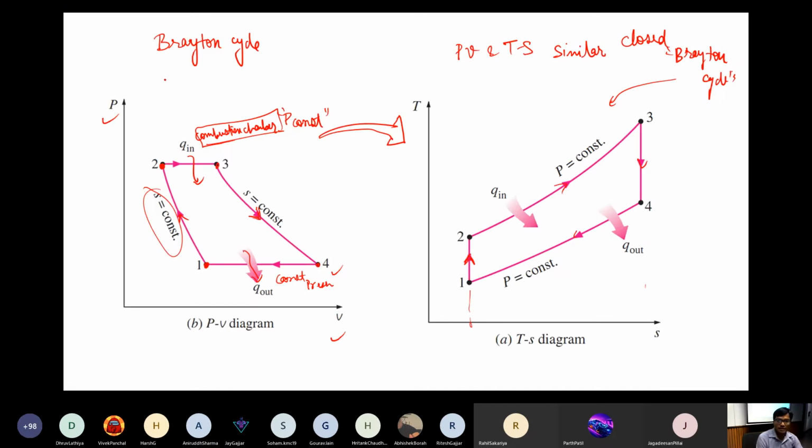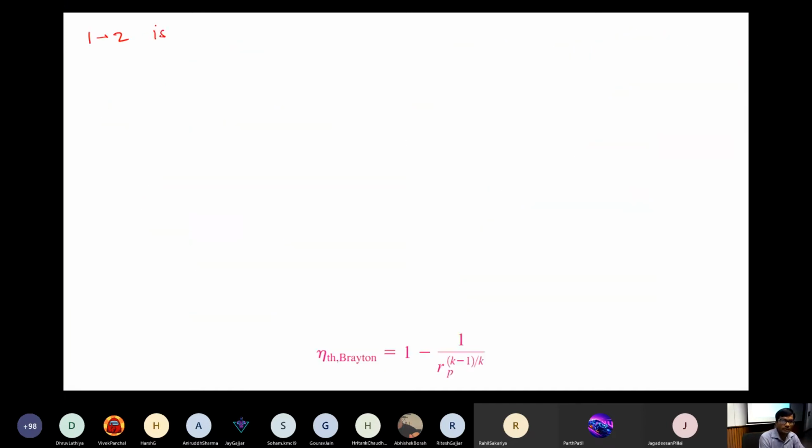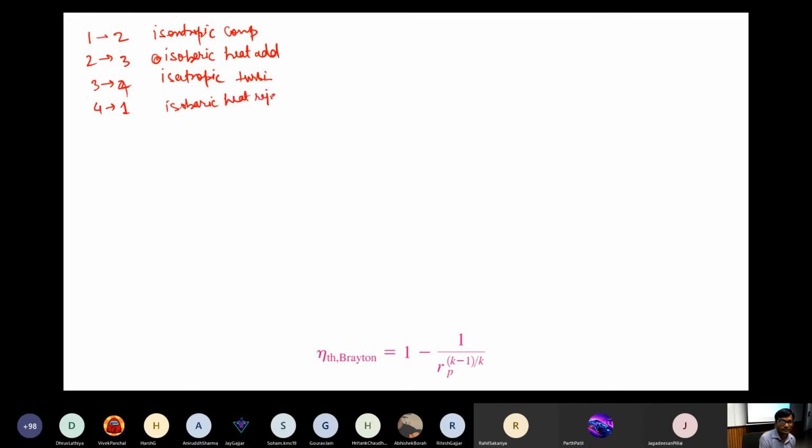Can we summarize it? 1 to 2 is isentropic. 2 to 3 is constant pressure heat addition, so isobaric, I can directly write isobaric heat addition. 3 to 4 again isentropic. It is going through the compressor here. This is the turbine. Okay, sorry, and 4 to 1 again isobaric heat rejection. Right.